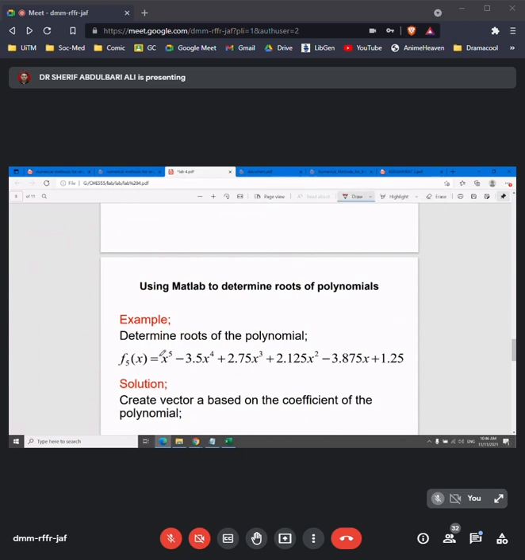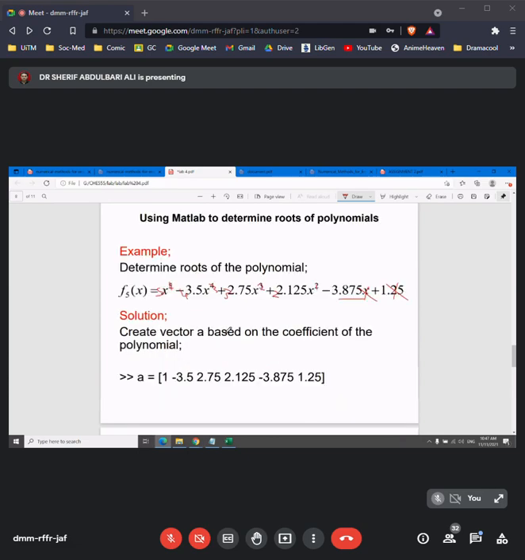Here it's 5, and this is going to be power 4. And here is going to be 4 times 3.5, and this is going to be power 3. And here 3 times 2.75, and this is going to be squared. So here is going to be 2 times this value, and here is going to be x power 1, and this value will be gone, and this one is going to be your constant value. So this is how to make the derivatives manually.